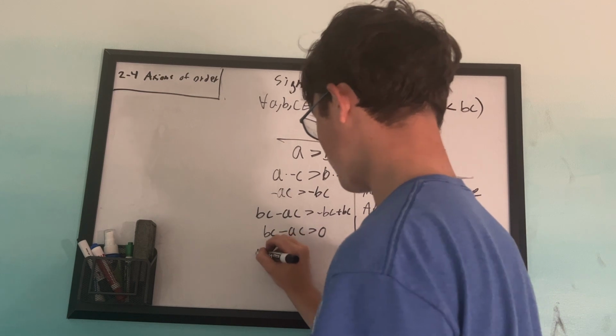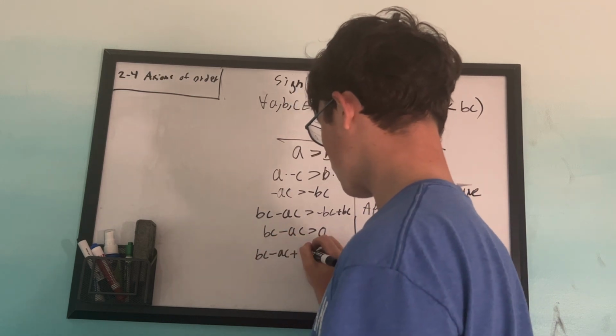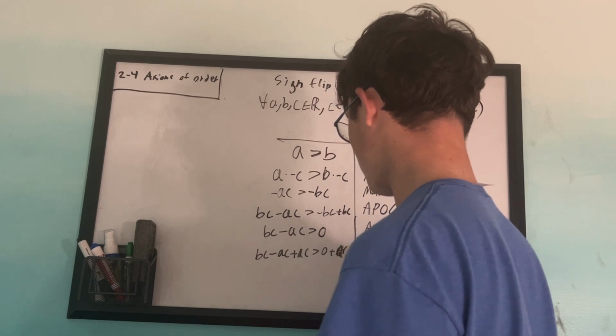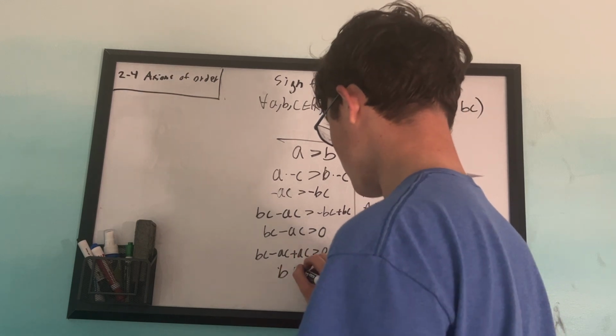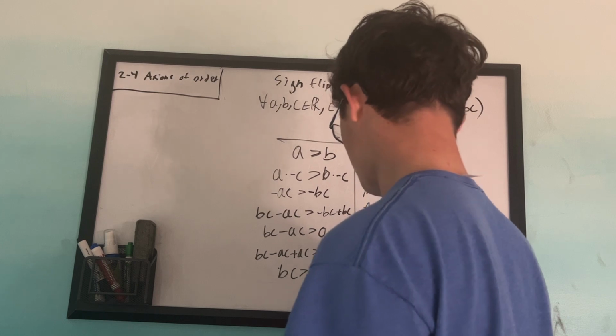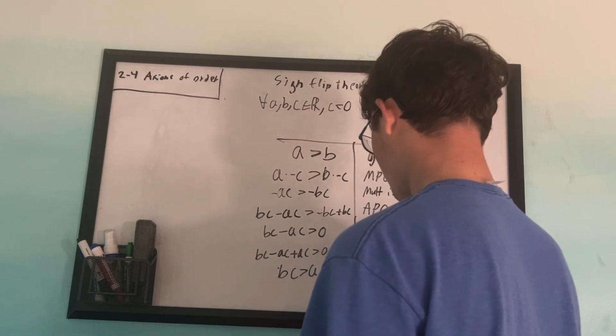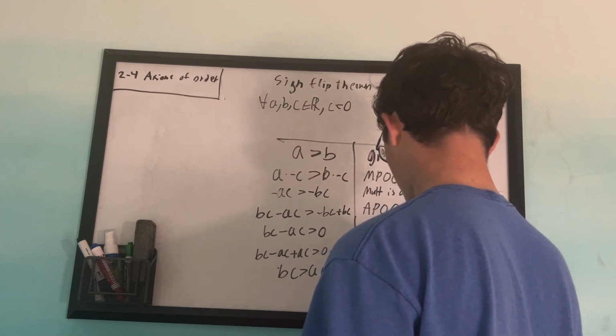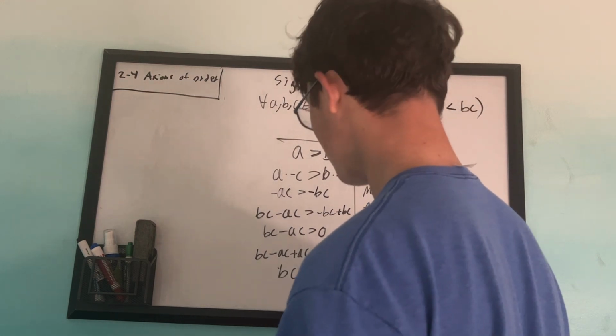And then we can add AC to both sides. Then since I'm running out of space, I'll just do the additive inverse and the additive identity in one step. BC is greater than AC.